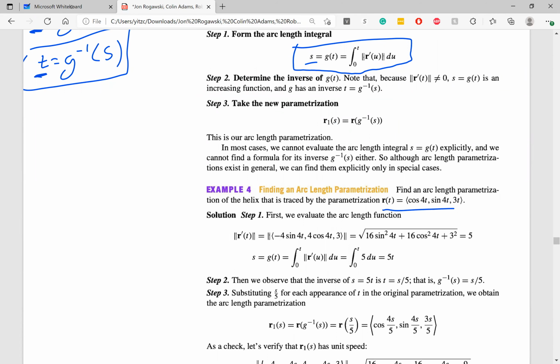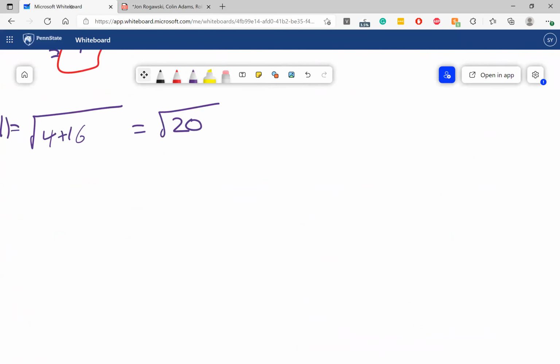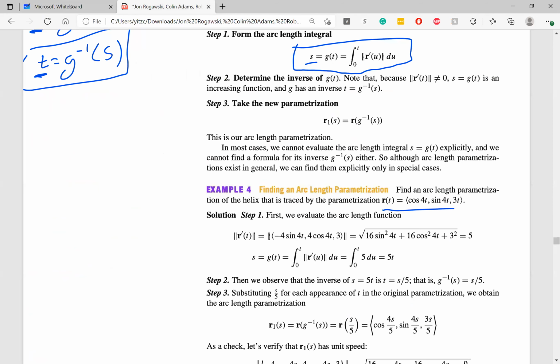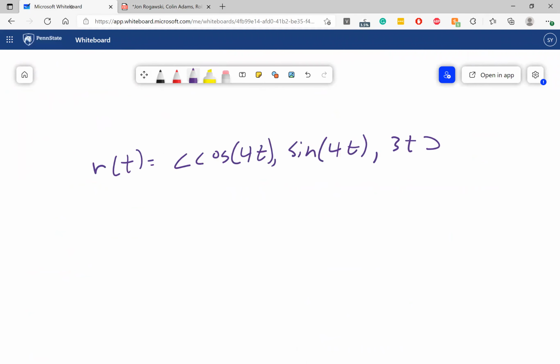They give you r of t is cosine 4t, sine 4t, and 3t. And we want to re-parameterize this curve so that our velocity is always 1. So take a couple of minutes and try to do this.